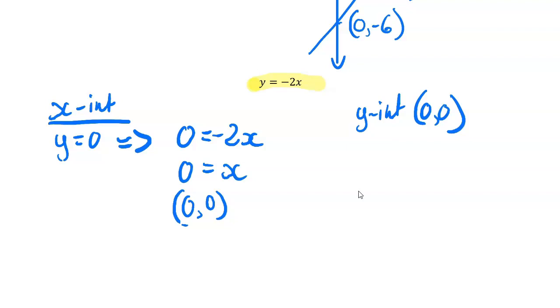So our y-intercept is also at 0. Now you're probably thinking, okay, that's the same point. We need 2 points there. You said that before, miss. Well, what you can do is just pick any value of x. It doesn't matter what it is. Pick any value of x and sub it into there to get that point.